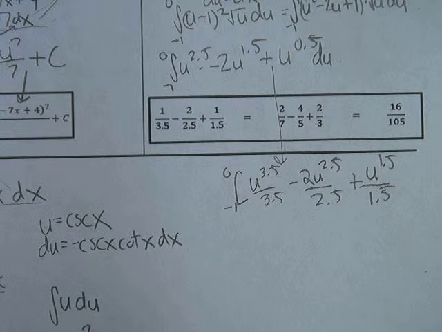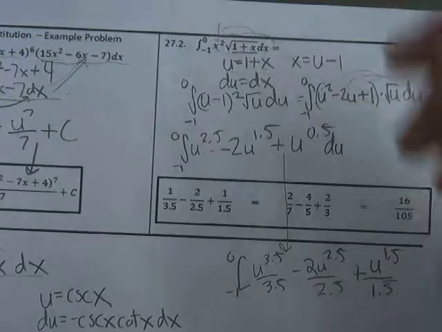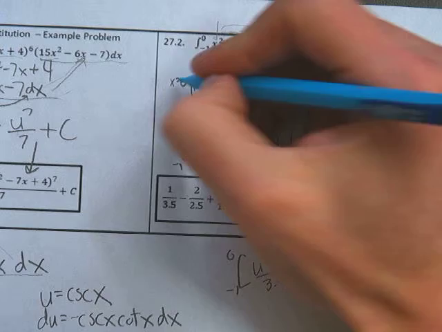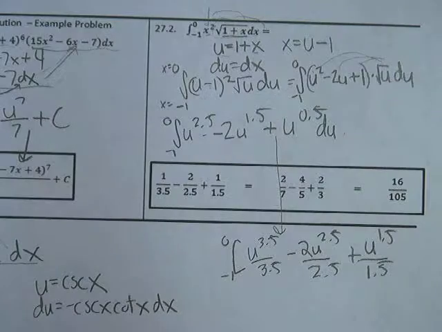Okay, one dangerous and easy to make mistake is to plug a -1 and 0 right here. For that reason, a lot of people, once they've done the u substitution, write x equals 0 and x equals -1 to remind themselves that they can't plug that in for u.